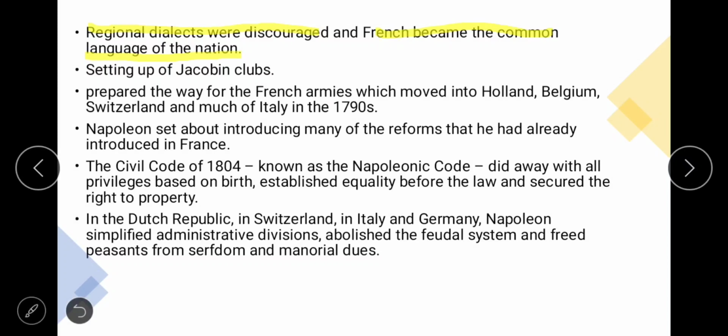Okay, so when the news of these events in France reached different cities in Europe, students and other members of the educated middle classes began setting up Jacobin clubs. Okay, so Jacobin clubs is an important thing.